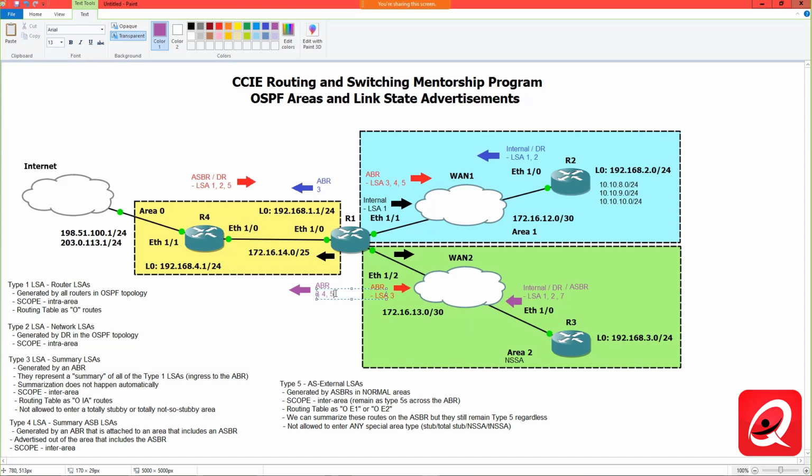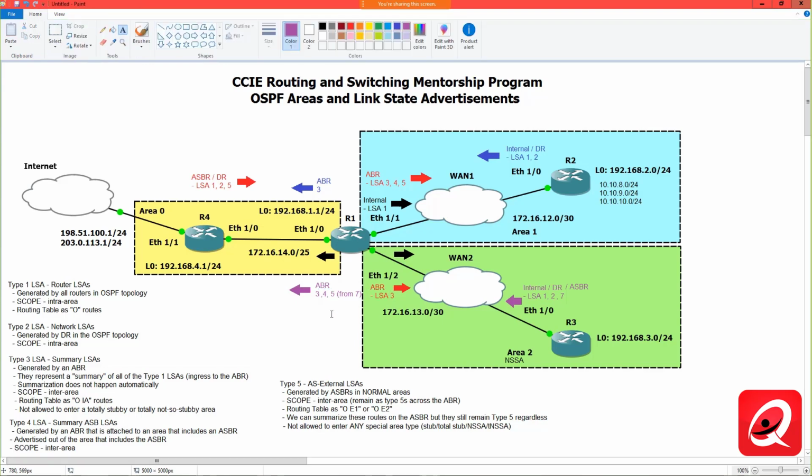Those type 7s are converted to type 5s at the area border router. Those type 7s become type 5s. So they essentially get treated the same way. They're treated as external LSAs, but once I cross the boundary, those type 7s become type 5s.